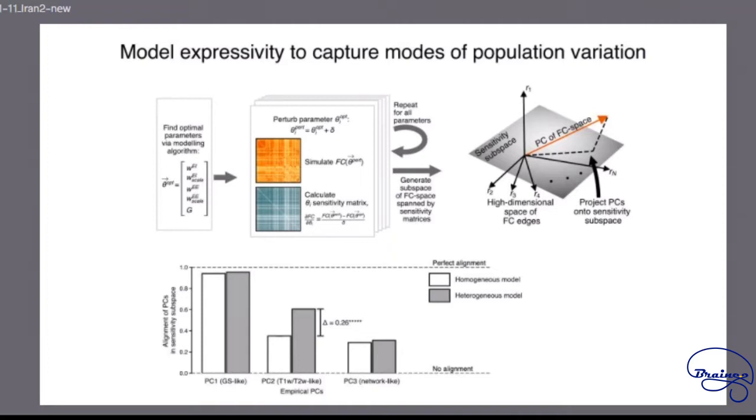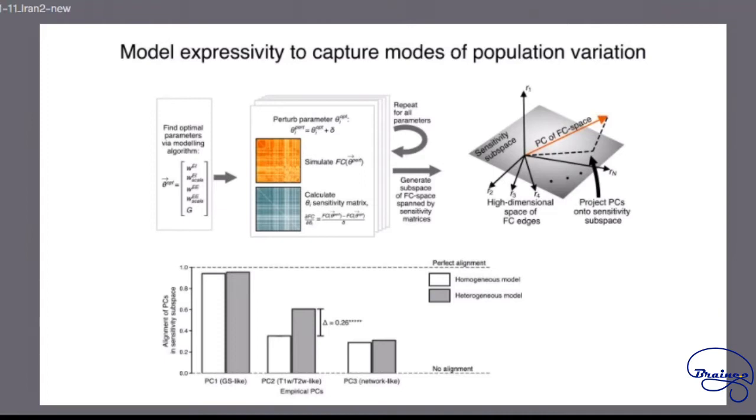We can quantify that by deriving what we call a sensitivity subspace: how much of the functional connectivity can be captured by changing the model parameters, and then seeing how much of the empirical principal component lies within that subspace. Here we're comparing the homogeneous and heterogeneous models, where the heterogeneous has that hierarchical gradient.